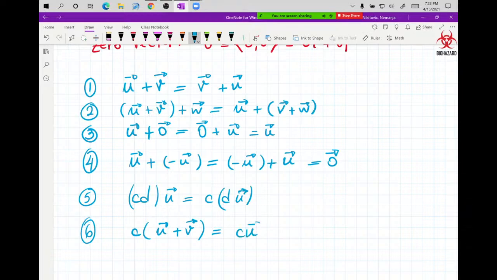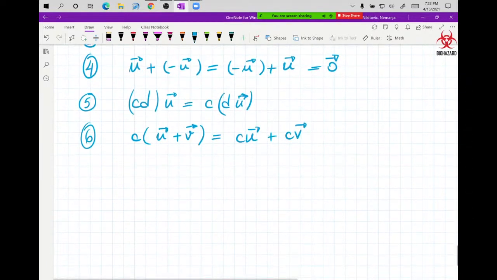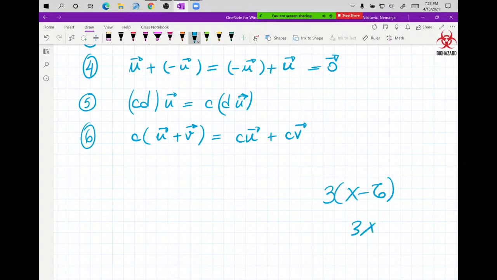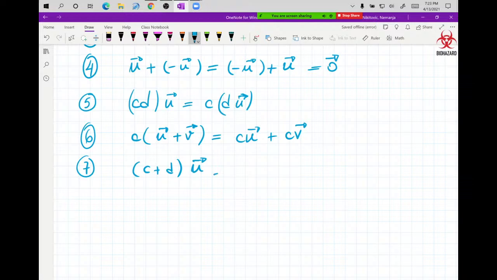And that's just cu plus cv. So that's what you guys are used to as a distribution, right? 3x minus 6 is 3x minus 18. Distribute in each. Same thing. 7 is, this is what I said, multiple constants, and you can also distribute the vector.